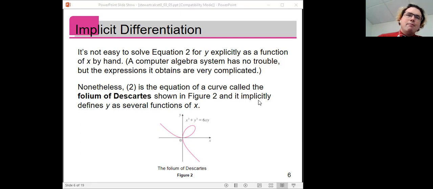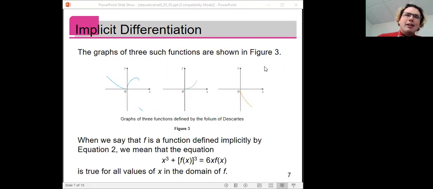Well, this curve I could. So here again, they are in blue and green and yellow. So this blue curve, that's a function. This green curve, that's a function. This yellow curve, that's a function. Well, that's not as handy, right?